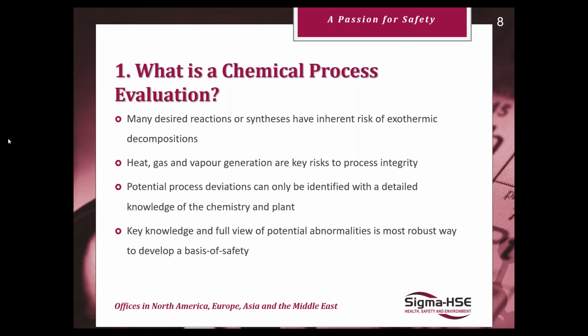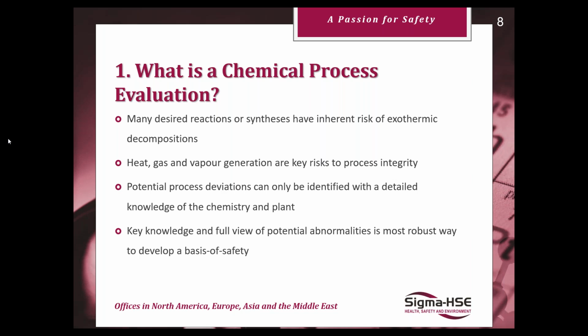For us, the difference between chemical process evaluation and chemical reaction hazards is this: chemical reaction hazard testing may look specifically at one parameter. What happens if I heat this mixture up to 400 degrees? The chemical process evaluation is more of a tie-in of a suite or package of testing, looking at various eventualities and the desired process itself, looking at each of these parameters in a round to assess the process as a whole.